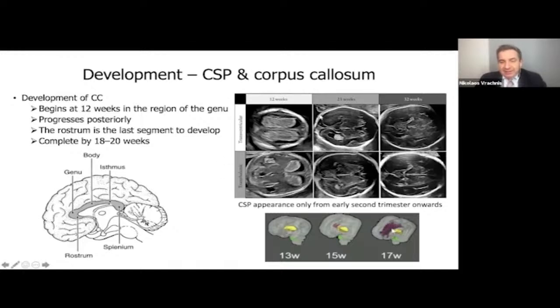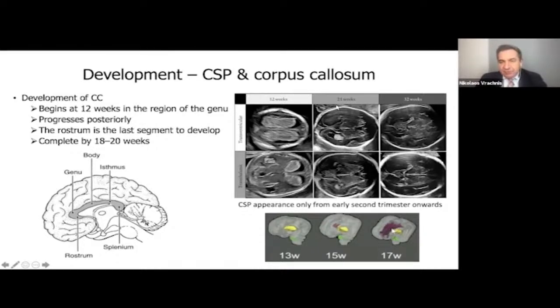And here in our picture, we see a different appearance, not the corpus callosum as shown here, but the CSP appearance from second trimester and earlier, 12 weeks, as we can see on the first column here. This is the transventricular, and this is the transthalamic view.